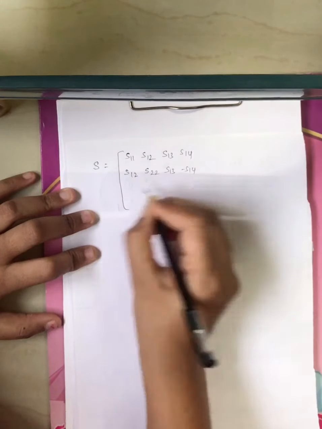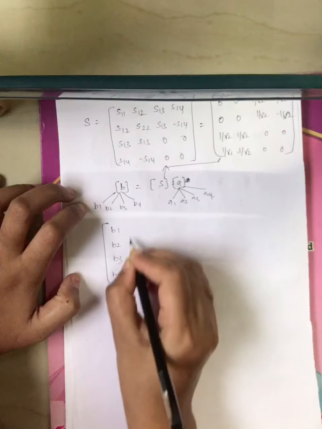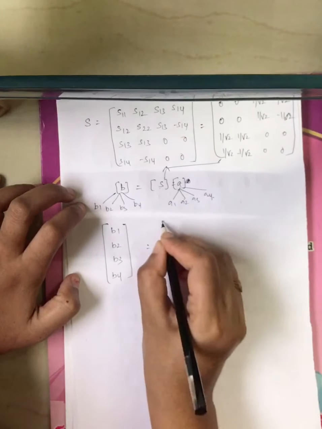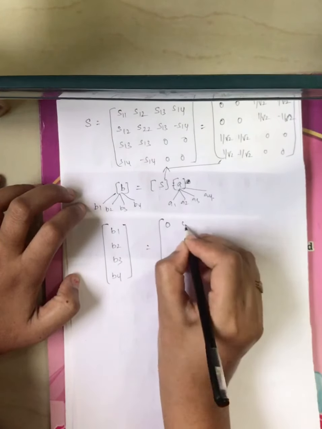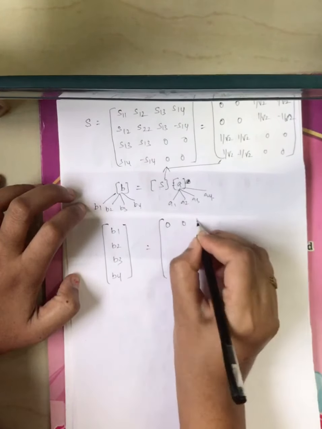Now let us represent in matrix form. B1, B2, B3, B4 are the output powers at port 1, port 2, port 3 and port 4. Now 0, 0, 1 by root 2, 1 by root 2, 0, 0, 1 by root 2, minus 1 by root 2, 1 by root 2, 1 by root 2, 0, 0, 1 by root 2, minus 1 by root 2, 0, 0, 0, 0.